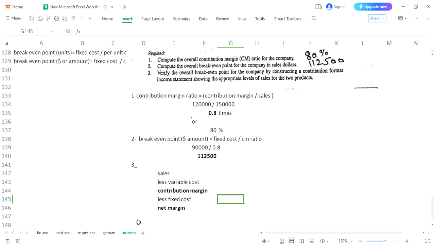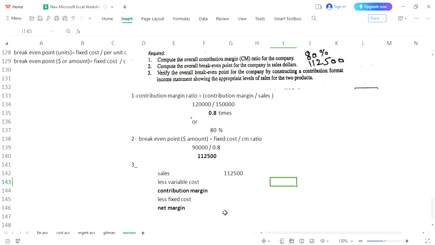Let's put our sales. This is your break-even point in terms of sales, 1,12,500. We are putting the same amount, 1,12,500 over here. Now variable cost. I have told you a desi formula to calculate variable cost.